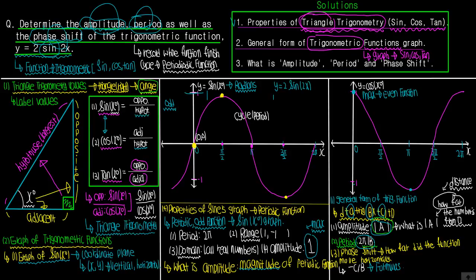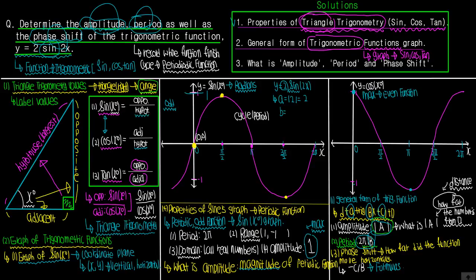First, let's think about what the a value is. Our a value is the multiplication before the trig value. Our trig function in this case is sine, and our 2 value will give our amplitude, the absolute value of 2, which is just 2. Now let's think about the b value.